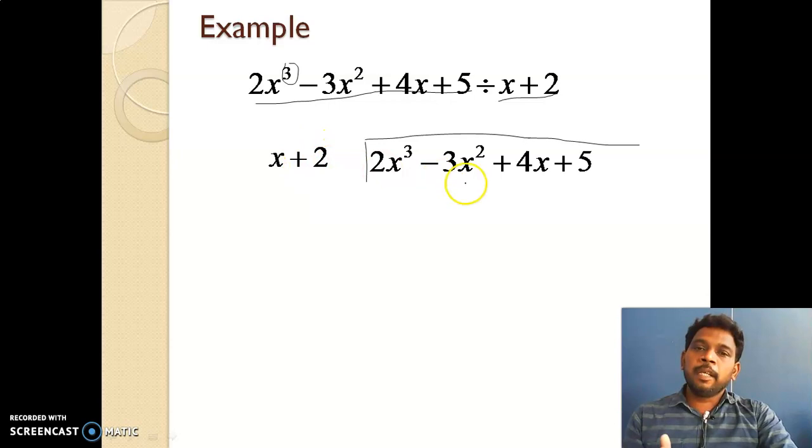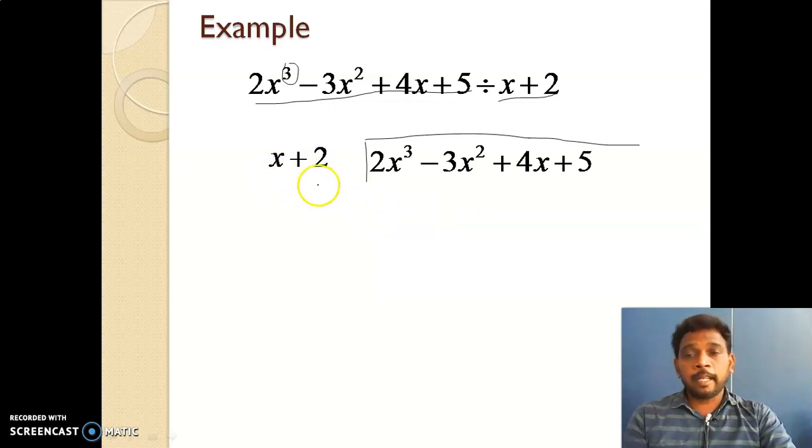If the degree of the remainder is less than the degree of the divisor, stop the procedure. If the degree of the remainder is equal to or greater than the divisor, continue the procedure. Okay, continue the process.